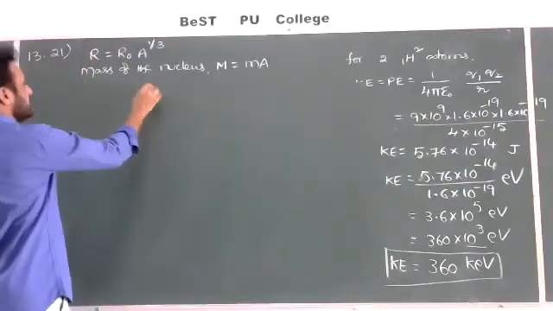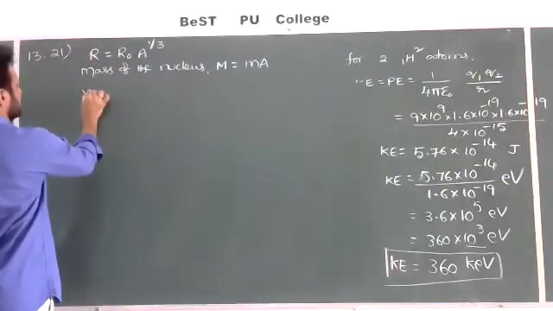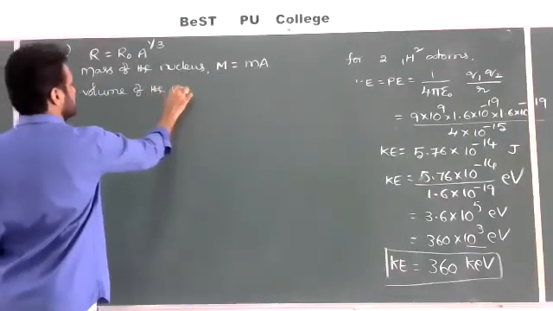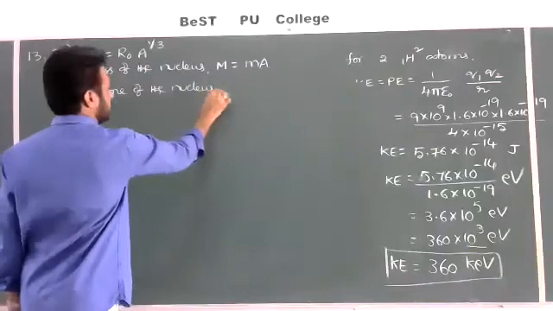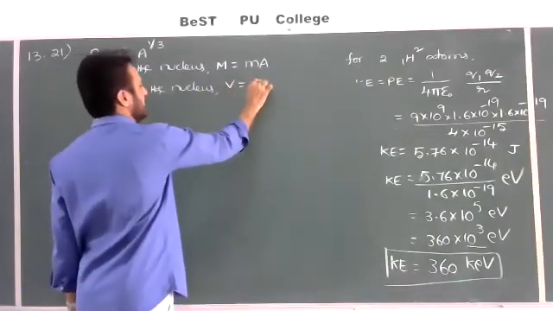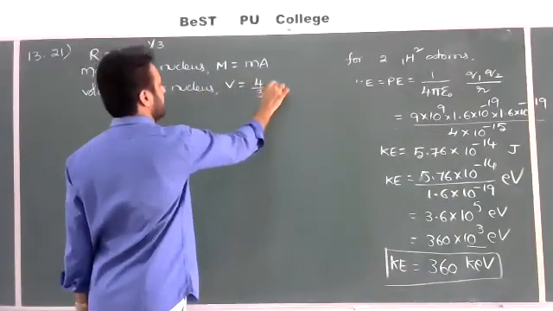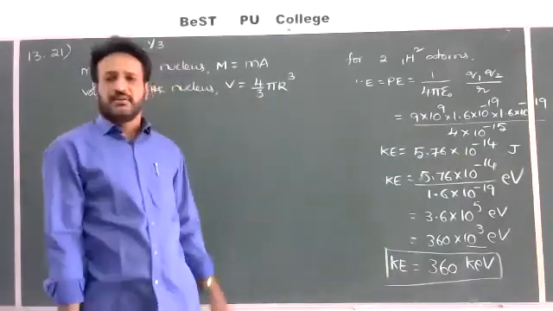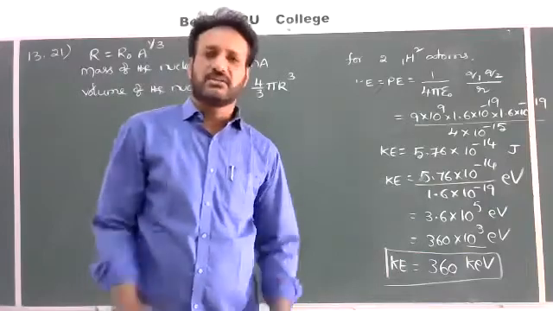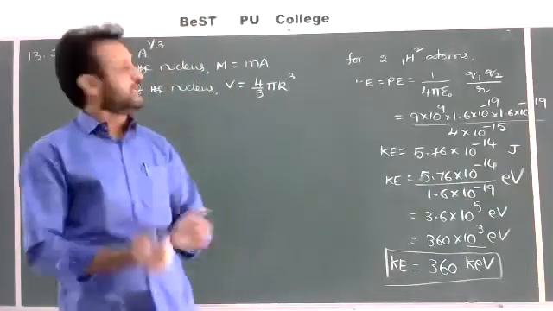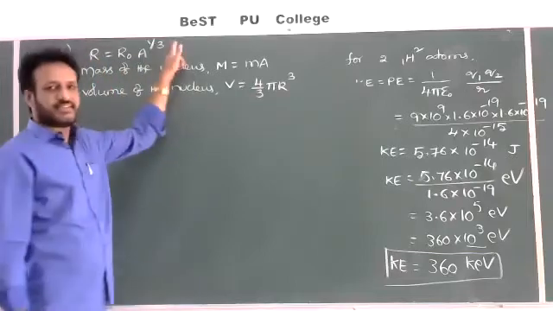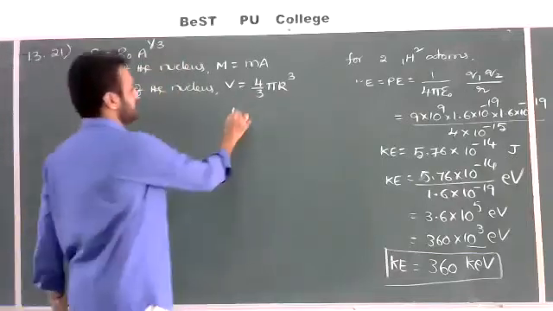Now, what is the volume of the nucleus? Formula V is equal to 4 by 3 pi r cube. It is the formula for the volume of the nucleus, because the nucleus has a spherical shape. But r is already given, we have to substitute here.